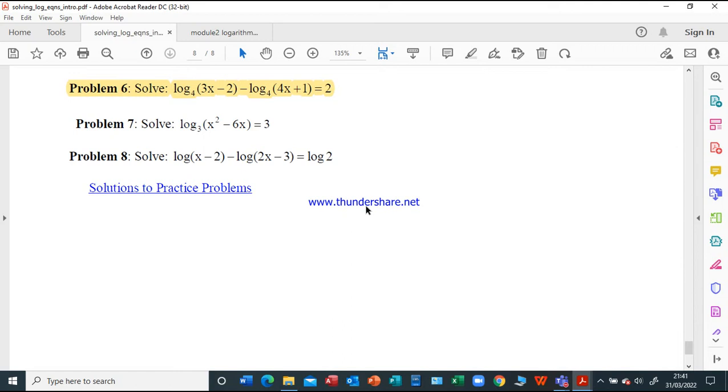So that component must be negative 176 over 61.